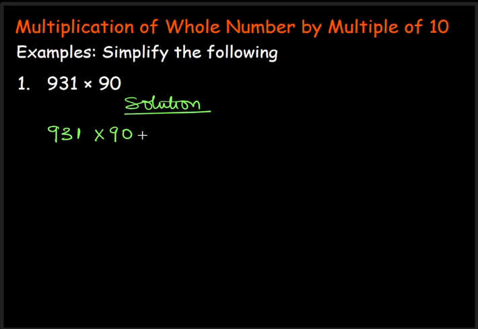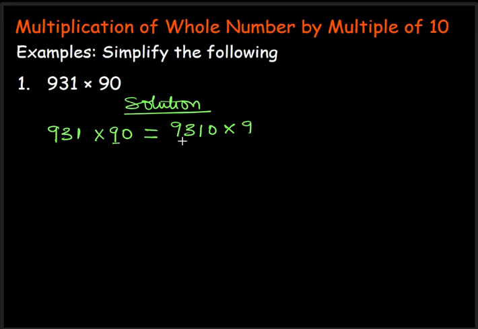So what do we do? This is the same thing as saying you can attach this zero to this side. That will give us 9310. But that's not the final answer. This will now be times, remember, there's a digit, so that will now make it times 9.